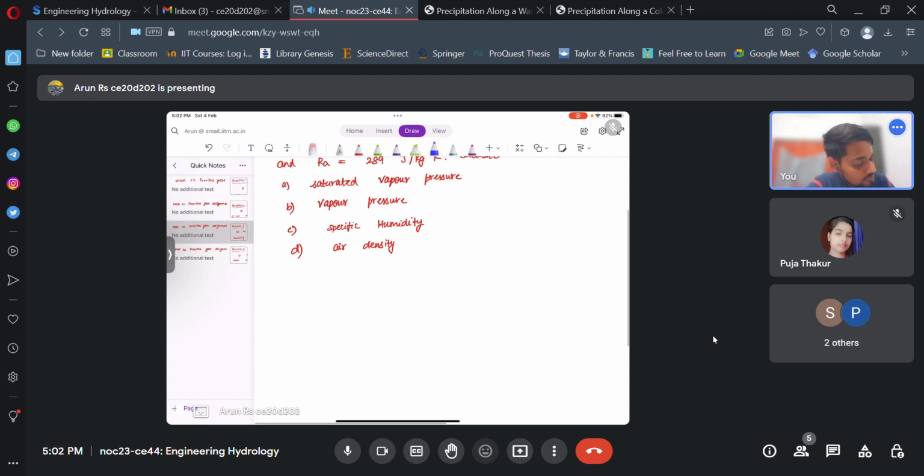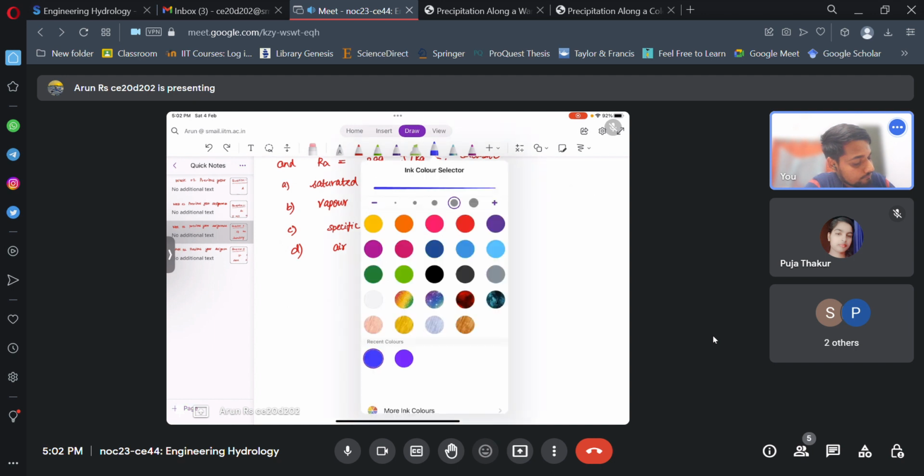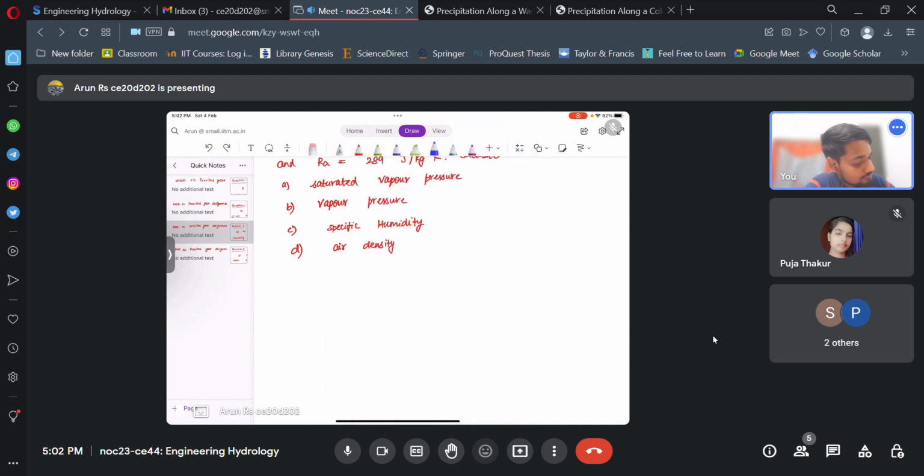So saturated vapor pressure is denoted by small e with a suffix x.